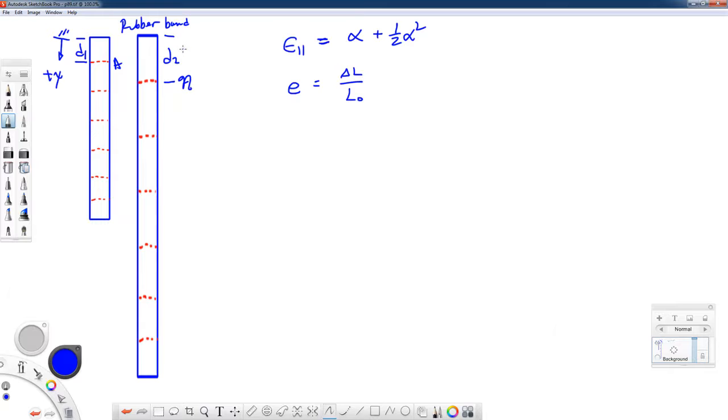So in our example here, the initial length was equal to distance d1. The final length is equal to distance d2. Since it changes linearly, this is a factor times d1 on this fixed end right here. Okay, so I'm looking at this like it's fixed on this side. So d2 is equal to this factor alpha times d1.